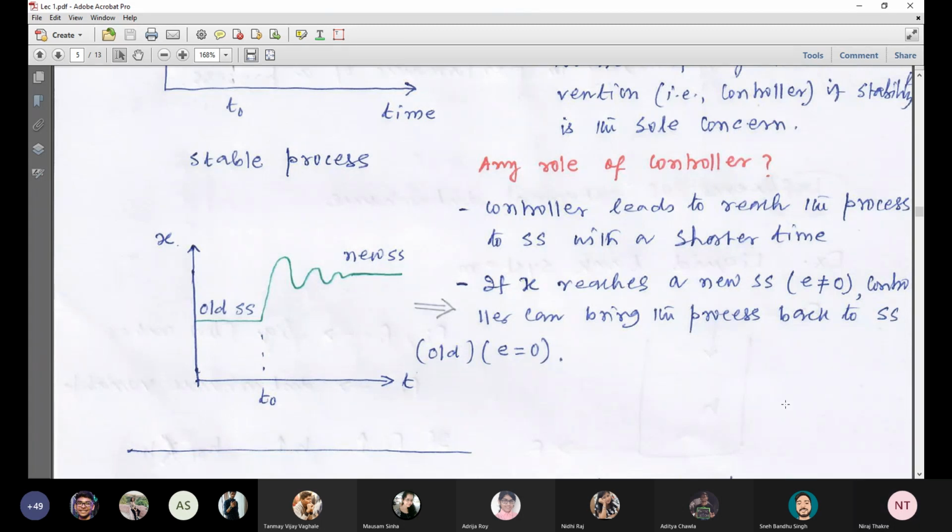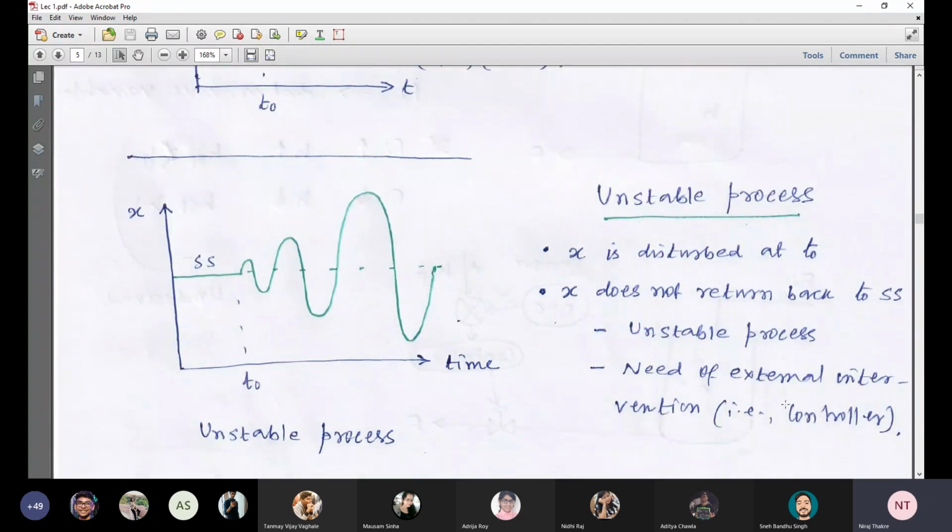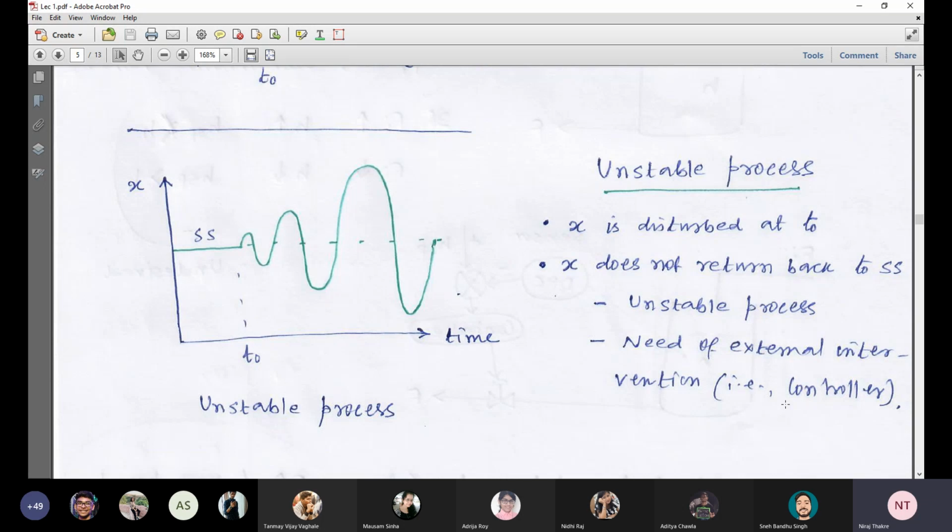Yes, sir. Okay. Now come to the unstable process. The unstable process is very obvious based on our previous discussion on the stable process. The explanation is quite similar. You see, the process is initially at steady state condition, and then at a time instant t naught, this process is disturbed by an external disturbance.